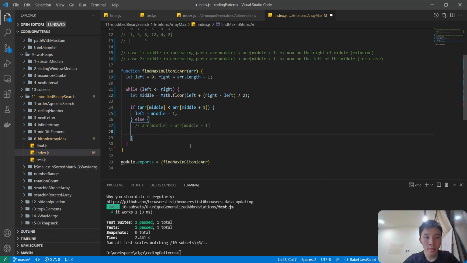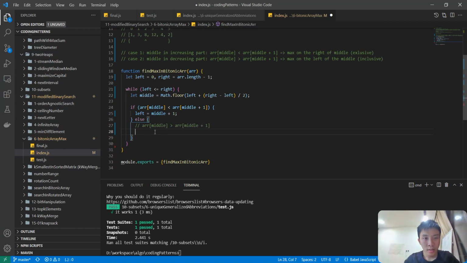So the maximum number can be the current number or any number on the left side. So we eliminate the right side.